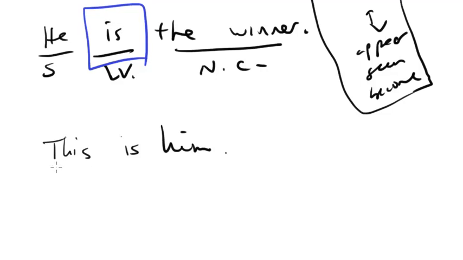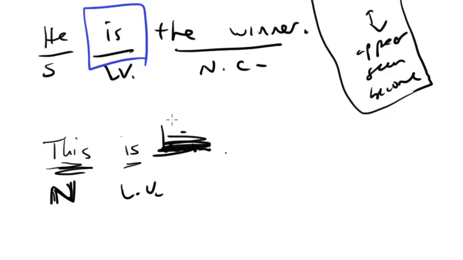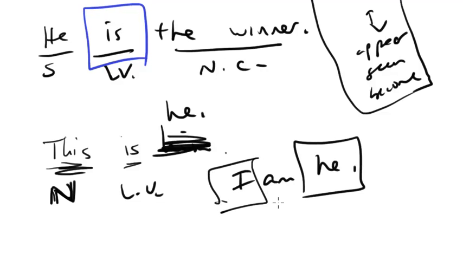But the problem with that is you have the nominative, or the subject of the sentence, this is your linking verb, and this must also take the subjective. So you actually should say this is he, not this is him. Or another example would be I am him. No, I am he, because both of these have got to be in the subjective case. So that's linking verbs. Not much more to say about that.